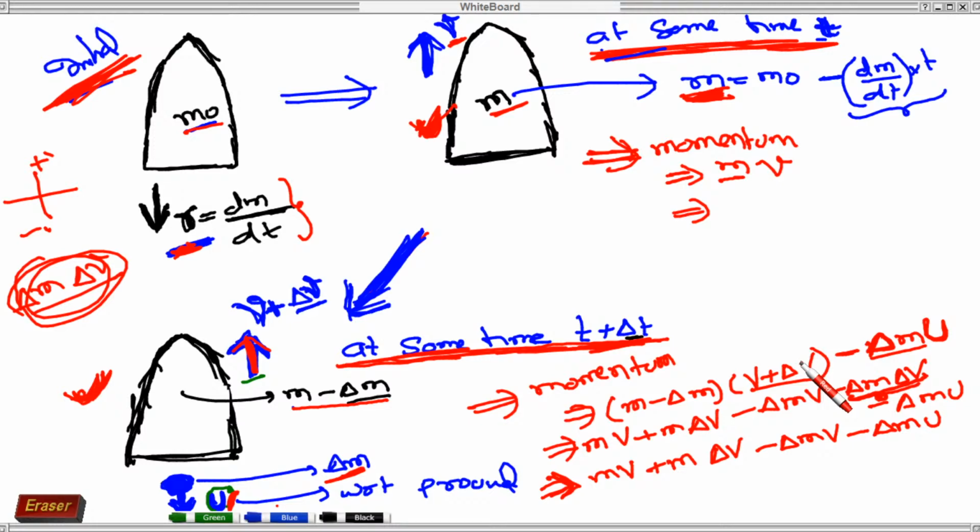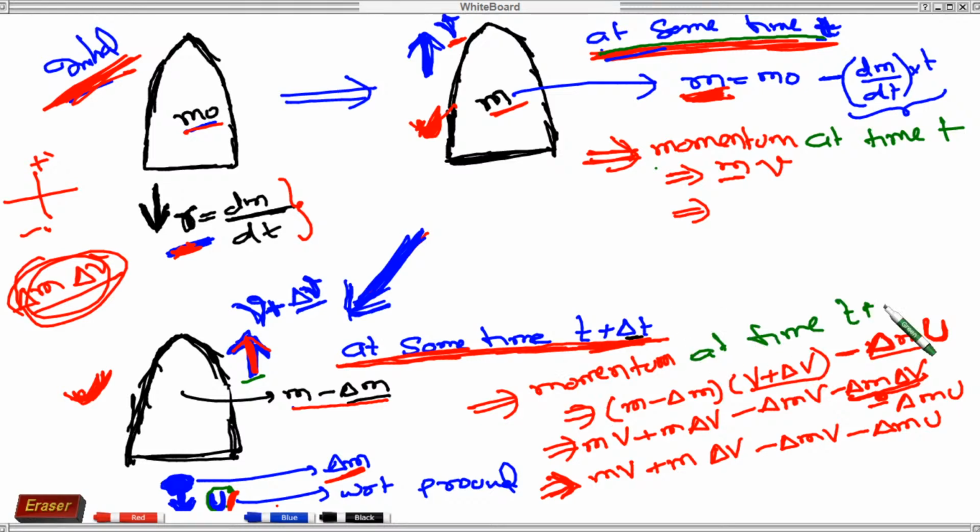Now, by conservation of momentum: this is the momentum at time t, and this is the momentum at time t plus delta t.